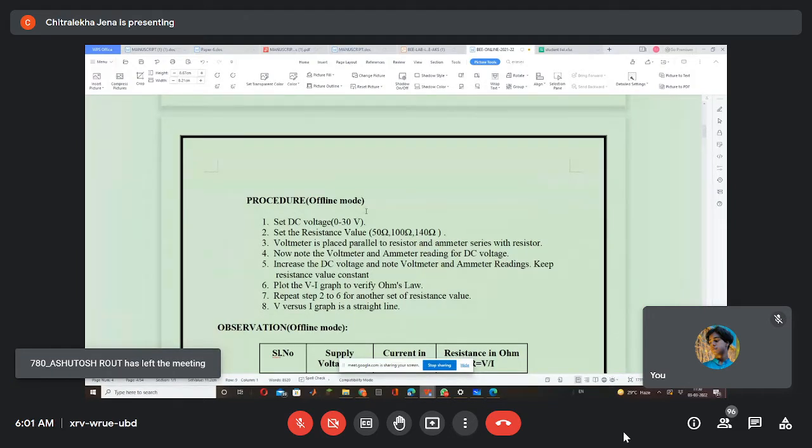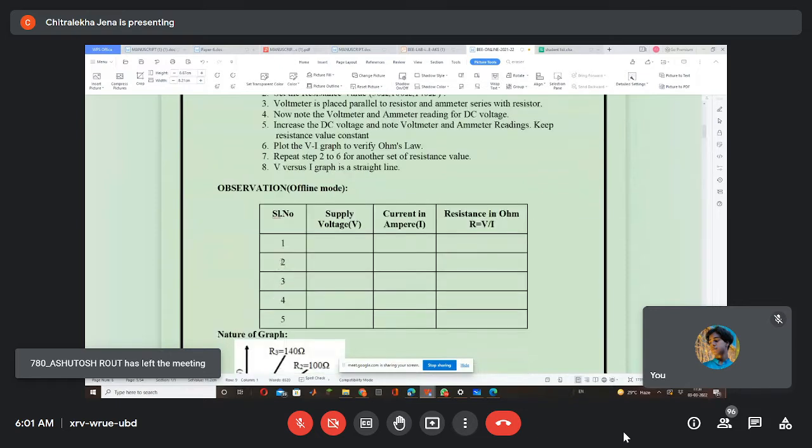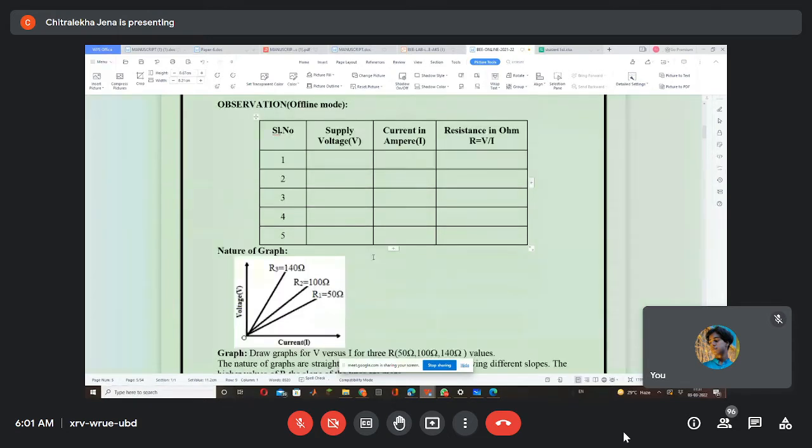Then the observation table in the offline mode. Offline mode means the experiment will be shown to you by video, and there you take the reading. You will make a comparison between offline and online.